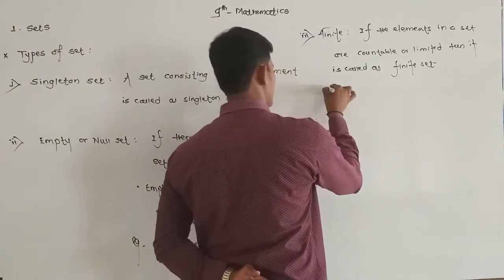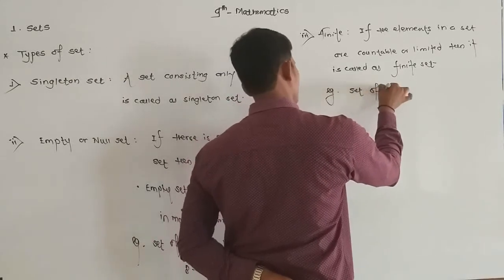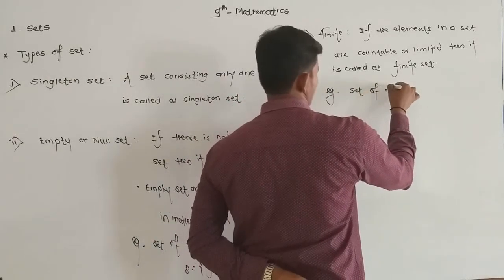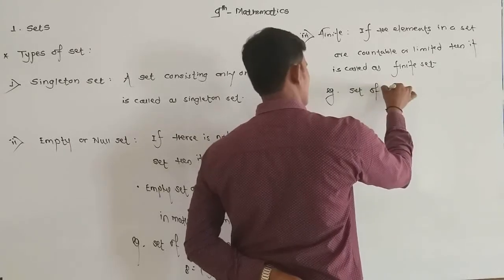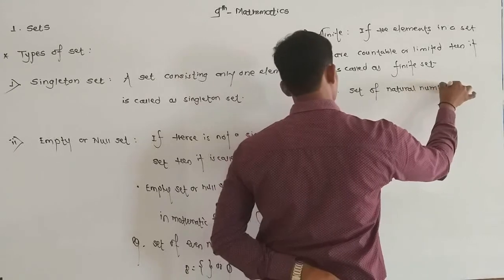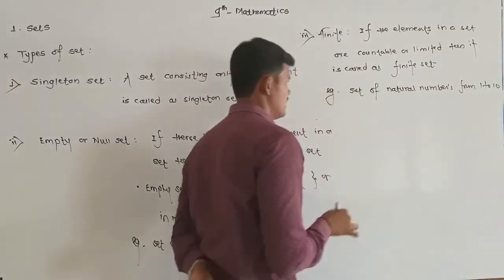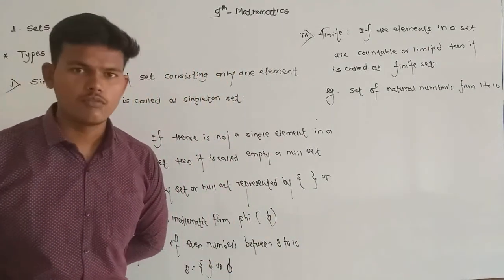Okay, so let's take one example. Set of natural numbers from 1 to 10. Example is set of natural numbers from 1 to 10.